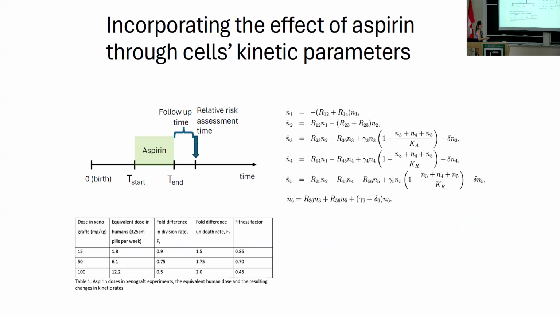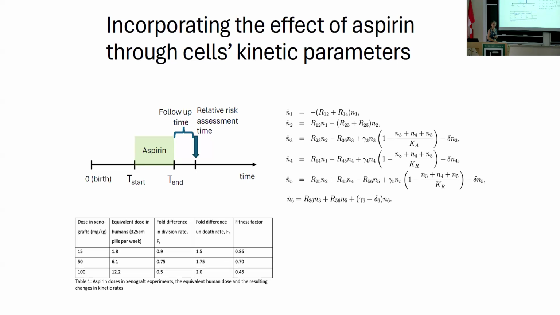We take this model and we assume that the dynamics proceed from birth to a certain time, at which stage we apply aspirin, and then we measure the probability that late adenoma has been generated. And what does it mean we apply aspirin? Applying aspirin means changing the parameters of the model.